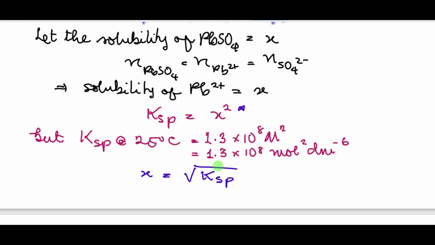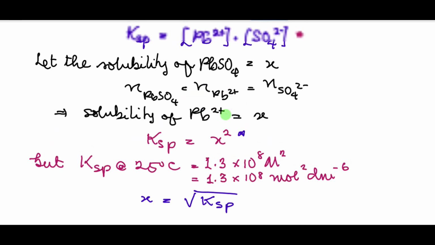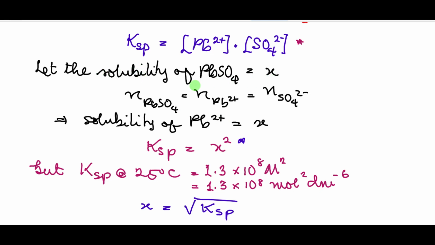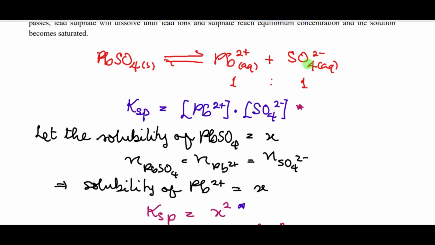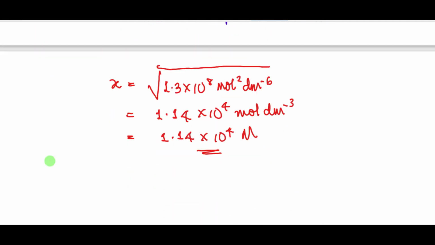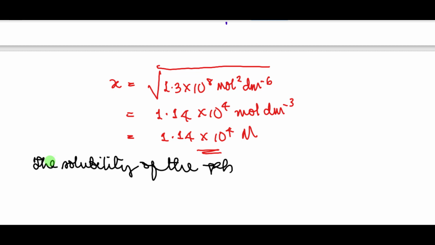So since X is the concentration of Pb2+, that's lead 2 ion, and the concentration of lead 2 ion is the same as the concentration of the lead 2 sulfate based on the mole ratio of the equation of reaction, right? So it implies that the solubility of the lead 2 sulfate is 1.14 times 10 raised to power 4 molar.